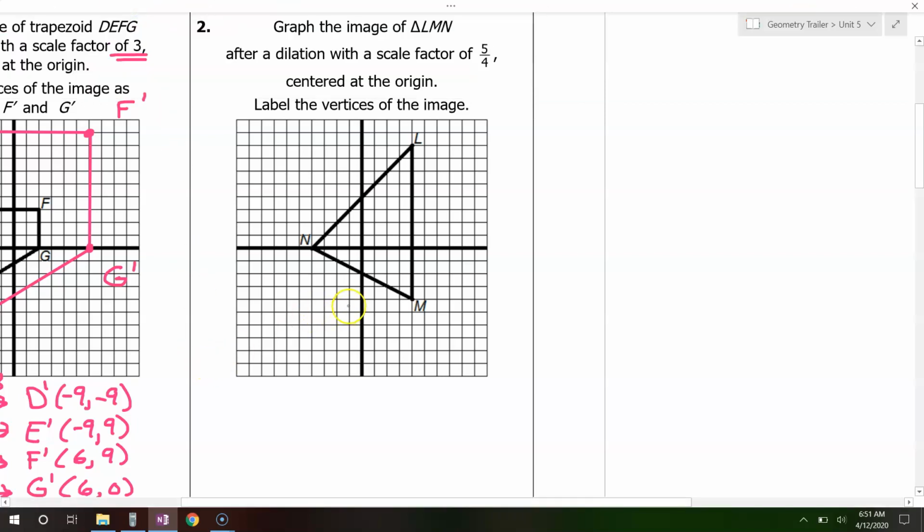Okay, so point L is the point 4, 8. And point M is 4, -4. And then N is -4, 0.